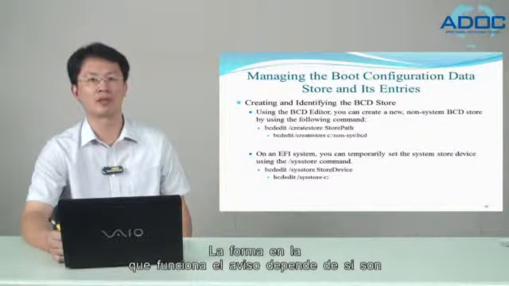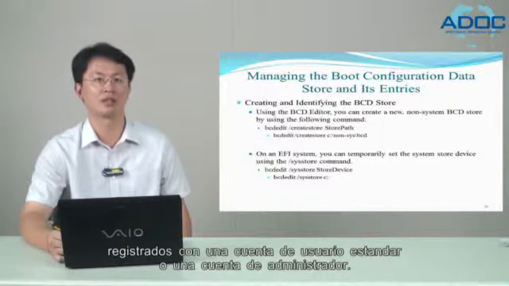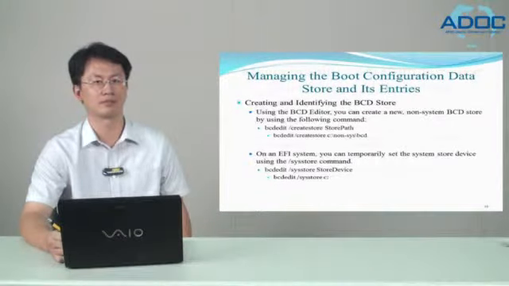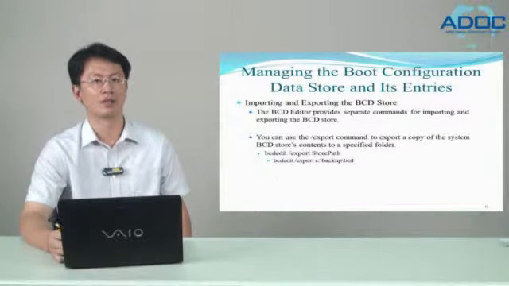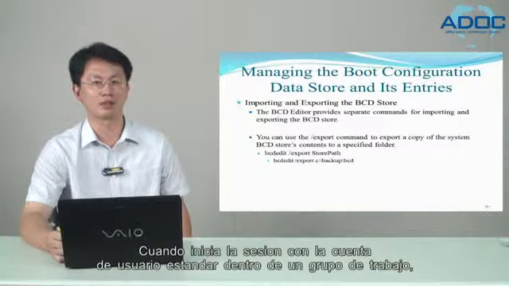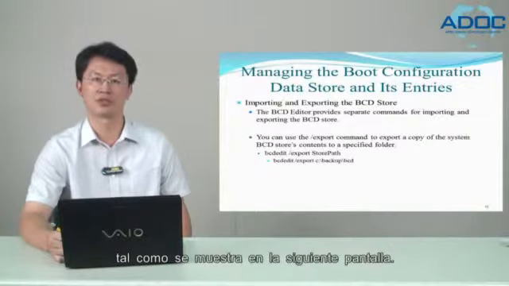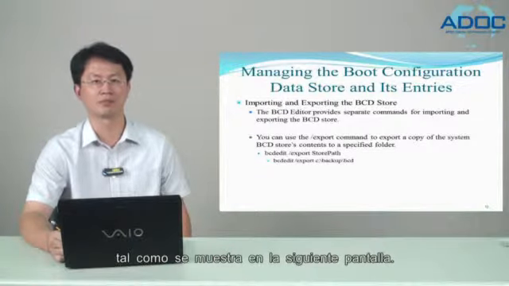The way the prompt works depends on whether you are logged on with a standard user account or an administrator account. When you are logged on with a standard user account in a workgroup, you are prompted to provide administrator credentials, as shown in the following screens.